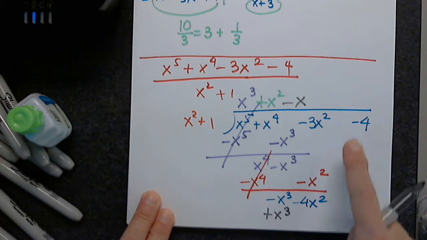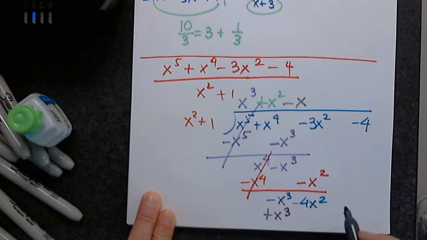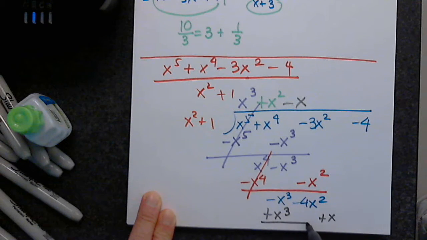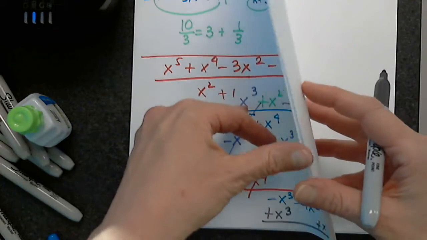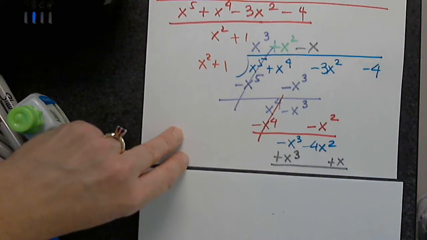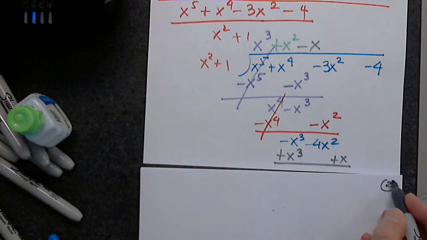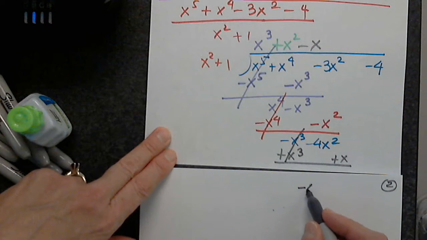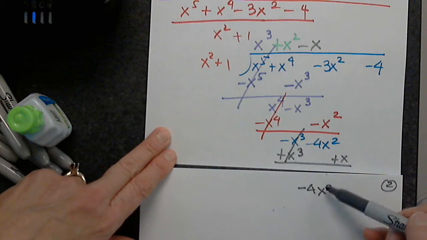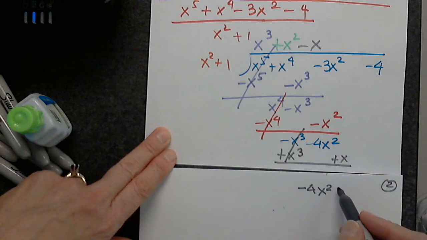Not here, right here. So positive x. And as you know, I always run out of room. So these 2 go away. I have to copy negative 4x squared because I haven't used it, and I have to copy plus x.